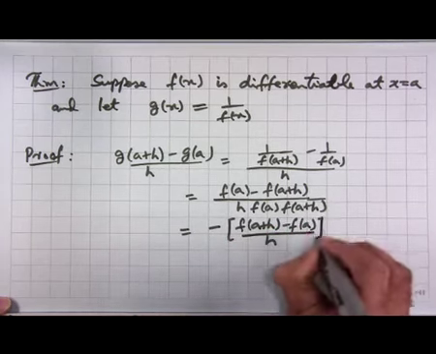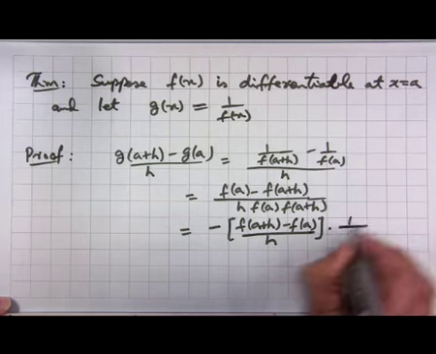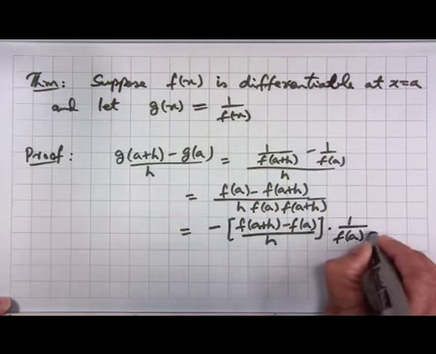Let us pull this out and then times 1 by f of a times f of a plus h.